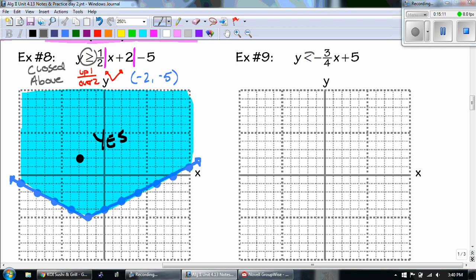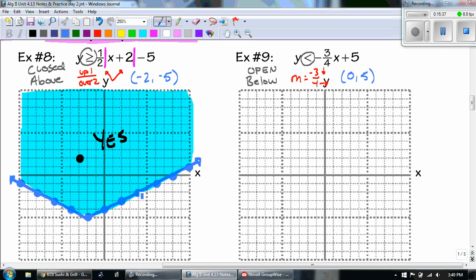We're looking at the inequality symbol that is open and less than, so that is below. I need to know my slope. It's -3/4, which means I'm going down 3/4, and that 5 is the y-intercept.